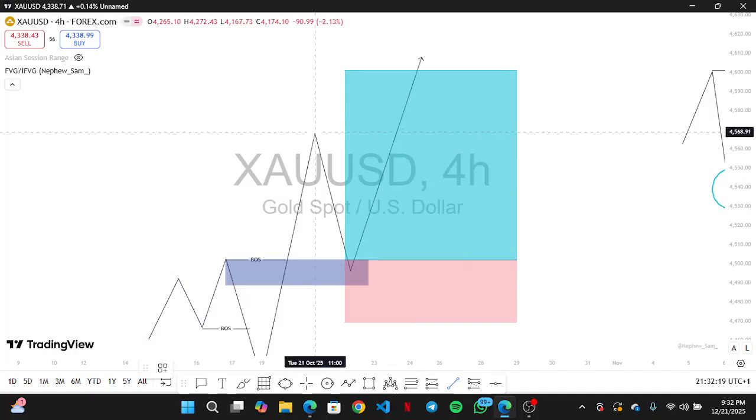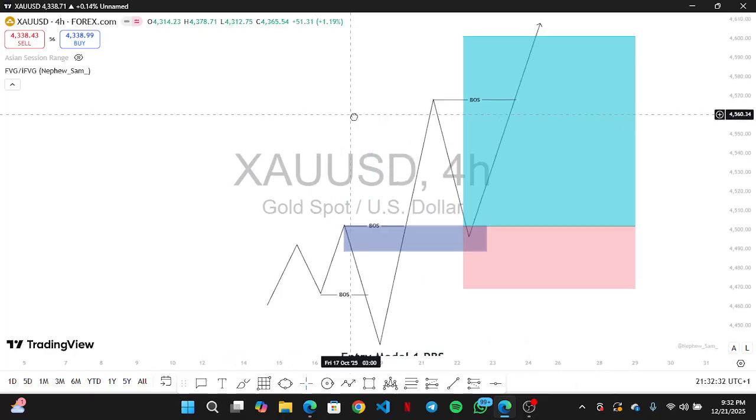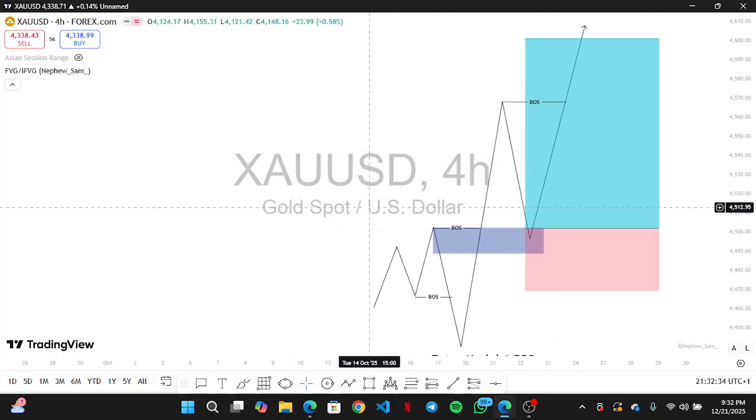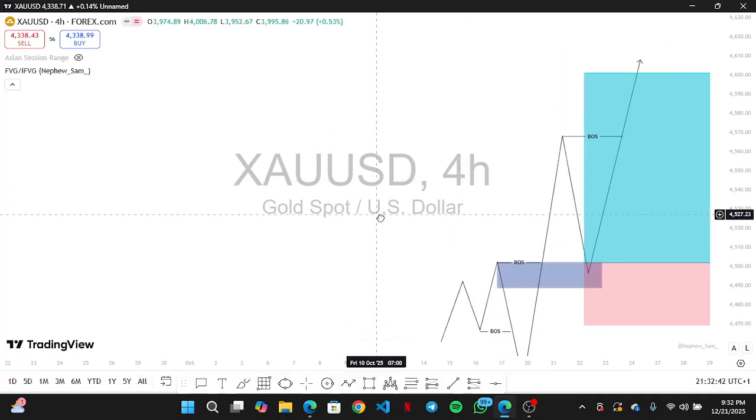So break of structure means BOS. You're going to see this everywhere on YouTube, every single place you go to learn. It's one of the most important terms in trading: break of structure, BOS. These are the initials we use; there's no other initial we use to identify these.